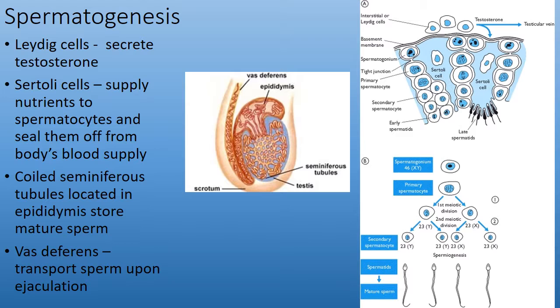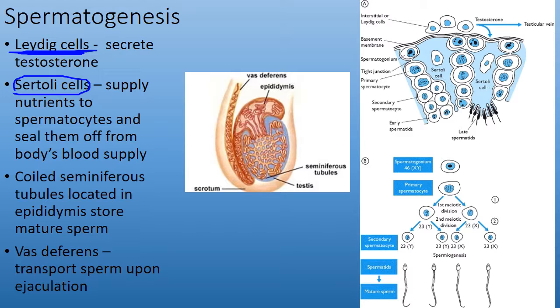Now, which cells secrete testosterone in the testes? Leydig cells. And the secretion of testosterone is controlled by LH. In the development of sperm, Sertoli cells, which are also located in the testes, supply nutrients to the spermatocytes as they mature into sperm. Sertoli cells also cut off the blood supply.